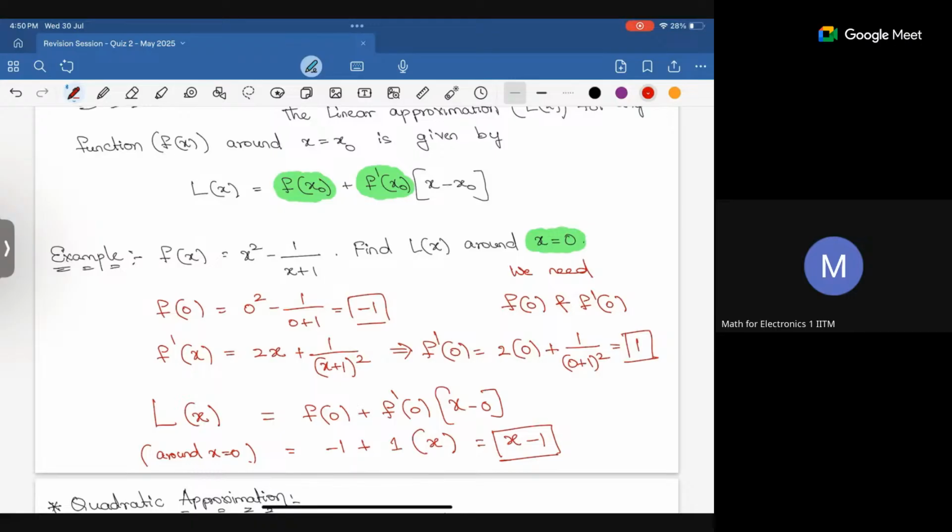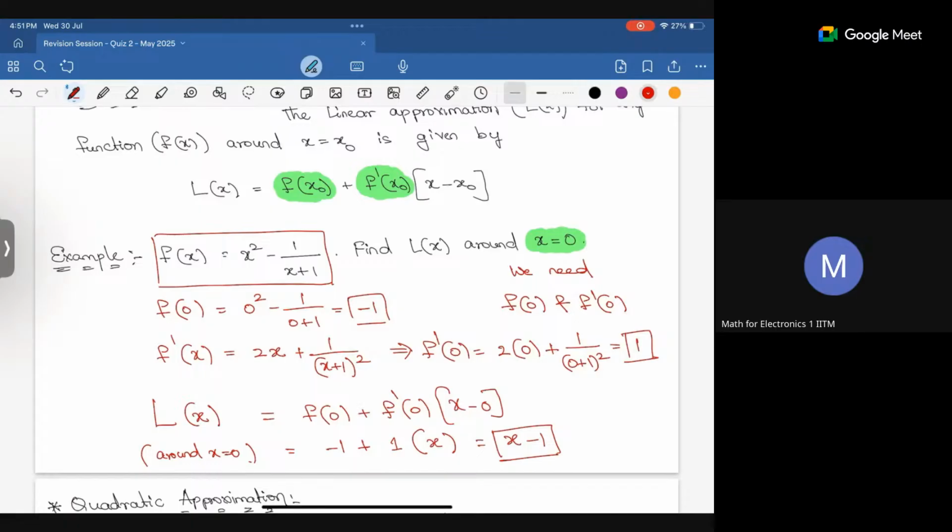So x minus 1 looks really simple, no? Now you can compute L of 0.1. So 0.1 minus 1 will be minus 0.9. So we can do it in seconds. Right? So you see the expression of f of x and you see the expression of L of x. And what we claim is that f of x and L of x behave in the same manner around x equals 0.